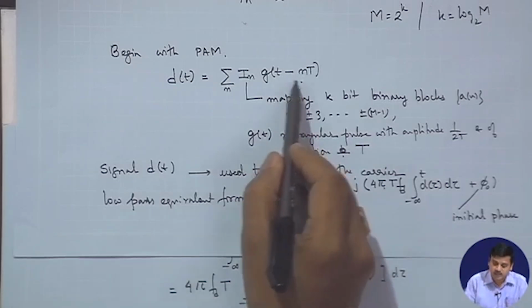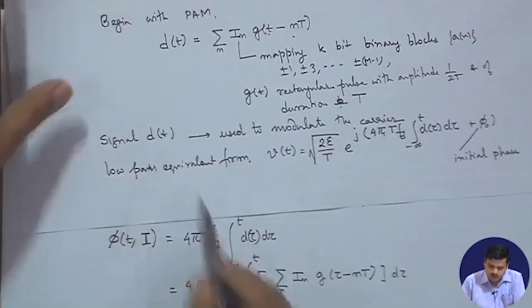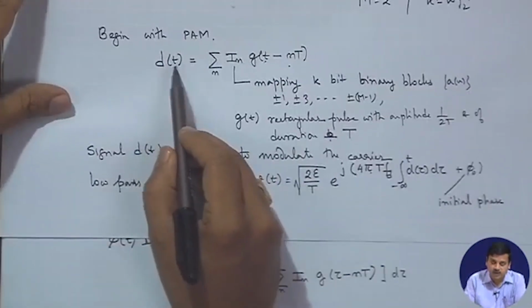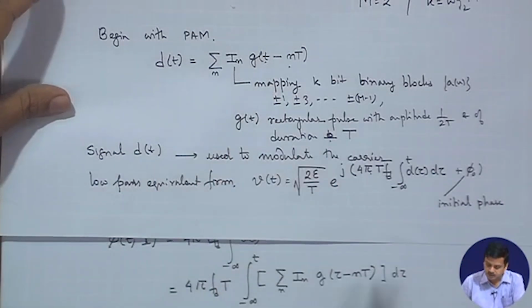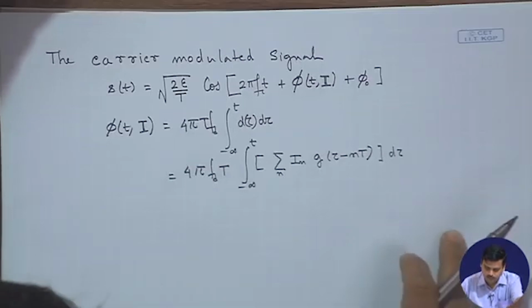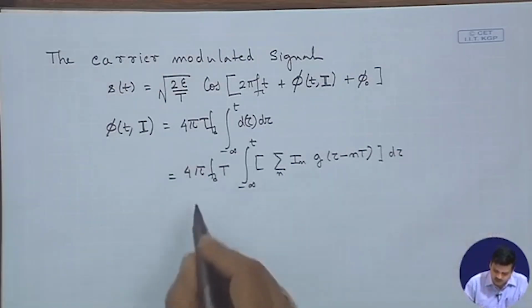Look at this expression. This t has been replaced by tau because we have d of tau. We had d of t, d of tau, g of tau. We exactly have that particular expression over here. So, we have to simplify this expression.